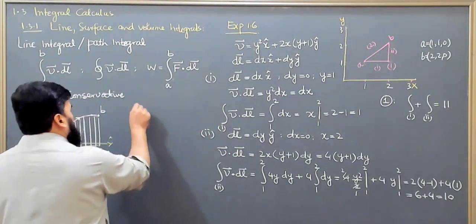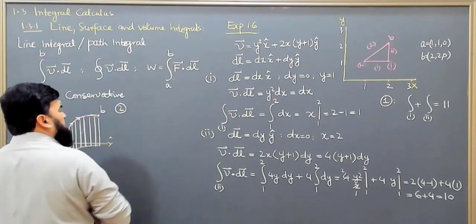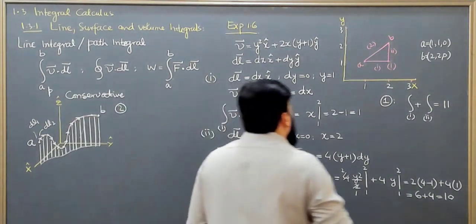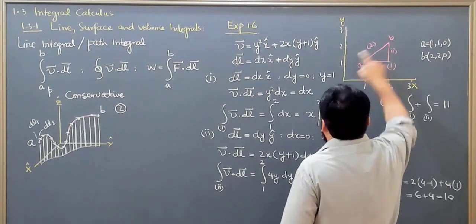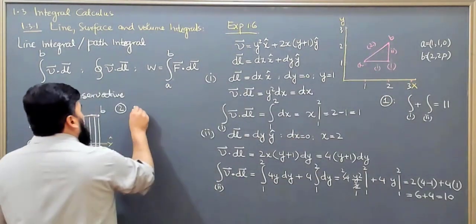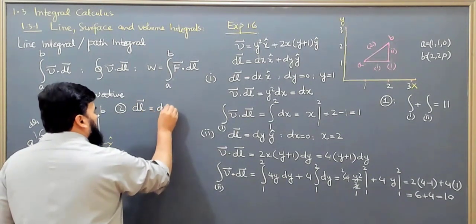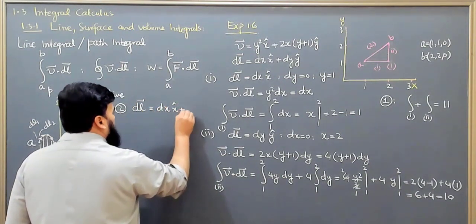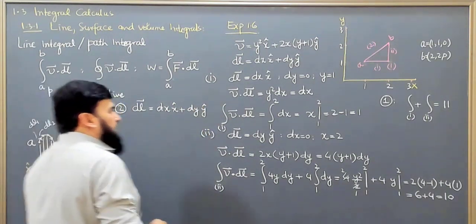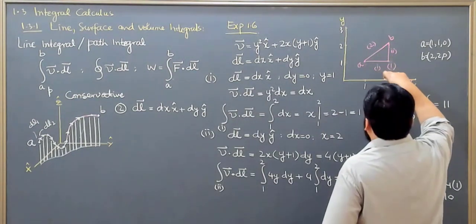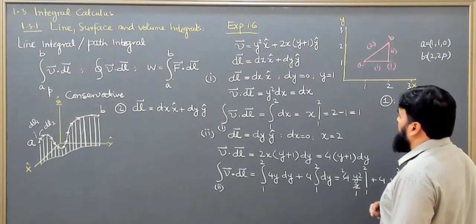So for path 2, what is the situation? I know that along path 2, both x and y are changing. Now dl will be dx x-hat plus dy y-hat. Both will exist here, because in the xy plane this is now a tilted line, so it has both x and y components.